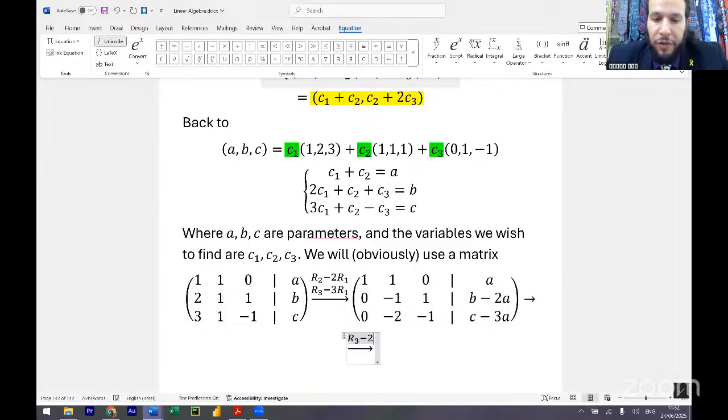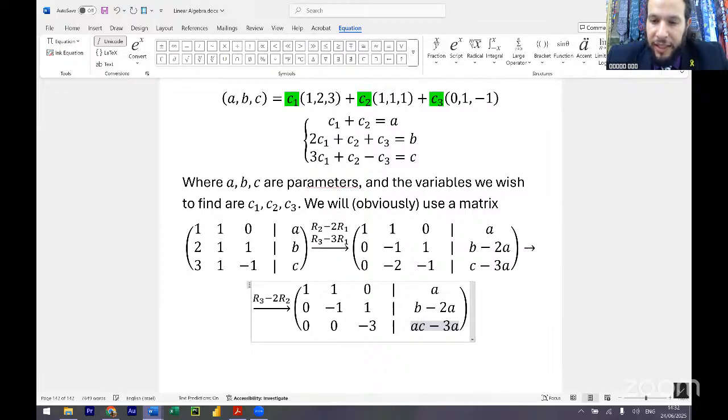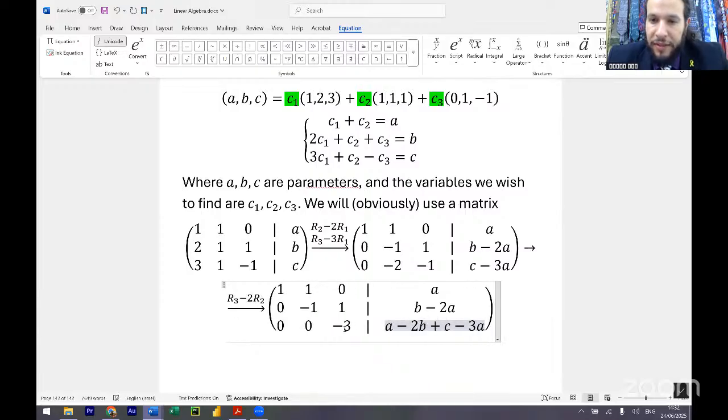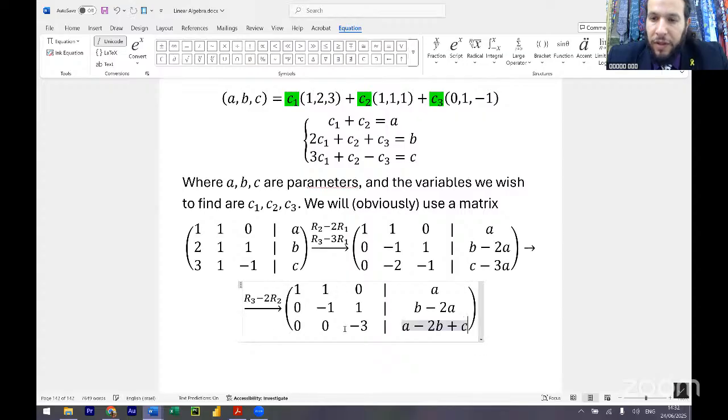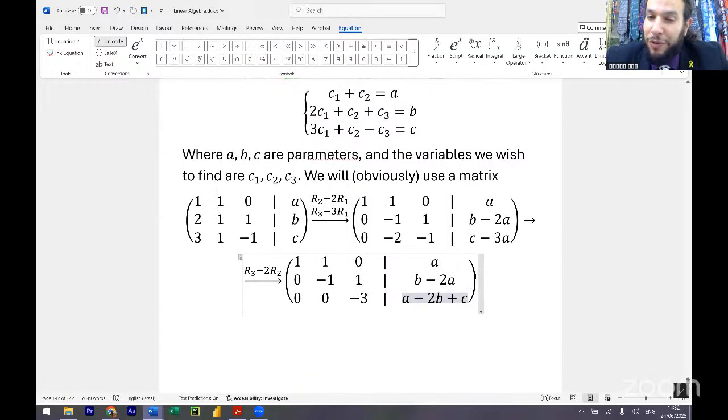R3 minus 2 times R2, which gives us 0 minus 3. And here, let's do it slowly. So it will be plus A minus 2B plus C. Hopefully I didn't make a calculation error, but I will be able to verify it by the end.